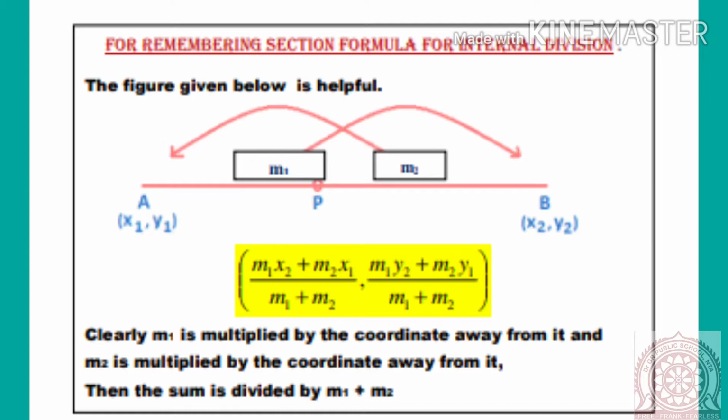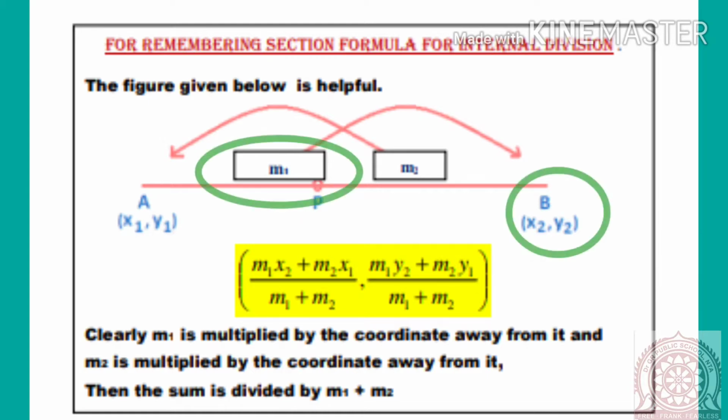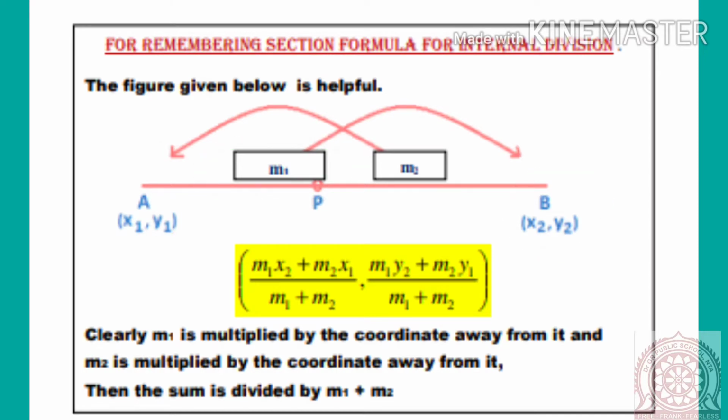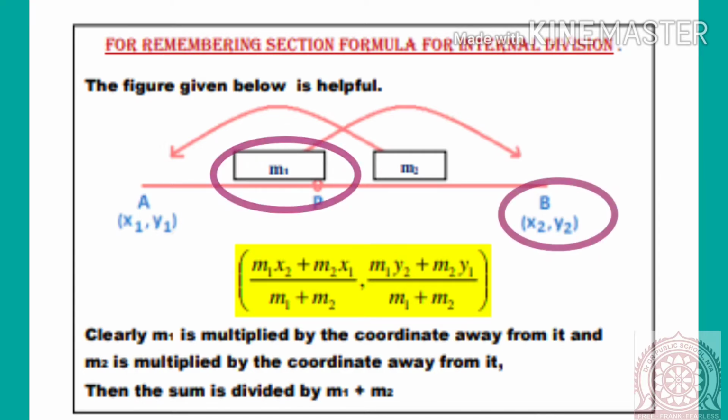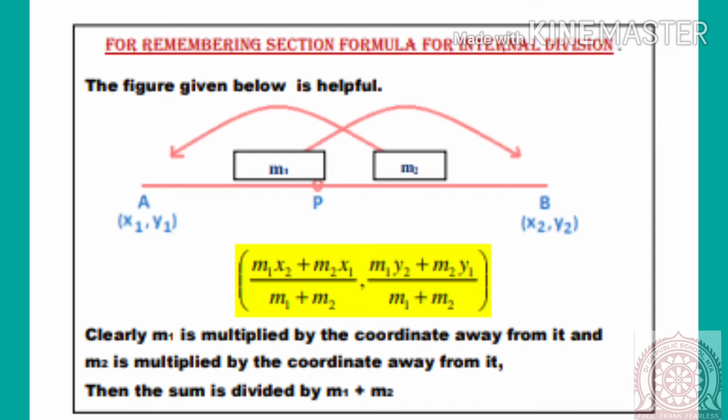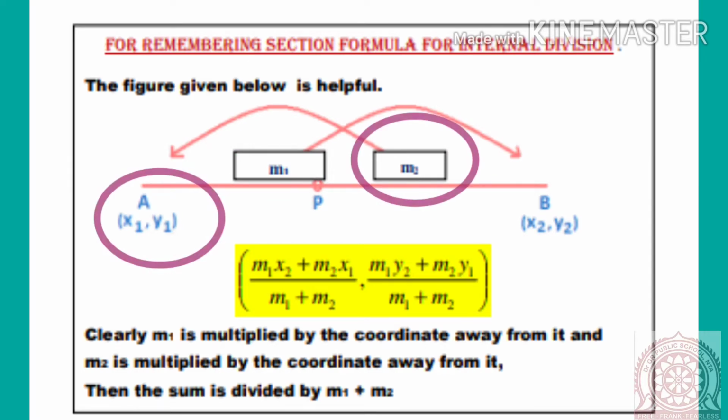To get the x coordinate of a point, you need to take the first component m1 multiplied with the faraway x component x2, plus m2 multiplied with the faraway x component x1, divided by m1 plus m2. And the y coordinate is m1 multiplied with the faraway y coordinate y2, plus m2 multiplied with the faraway y coordinate y1, divided by m1 plus m2.